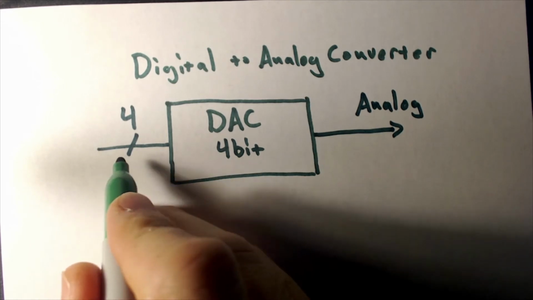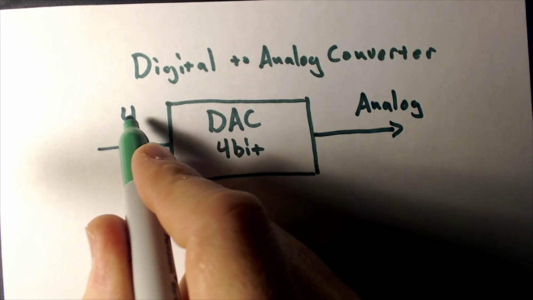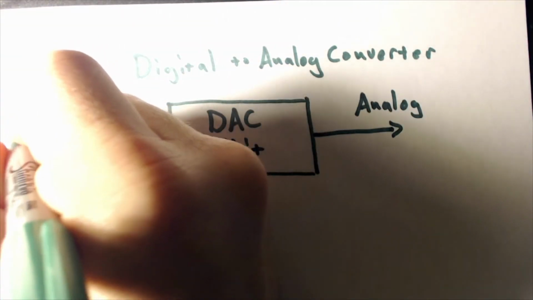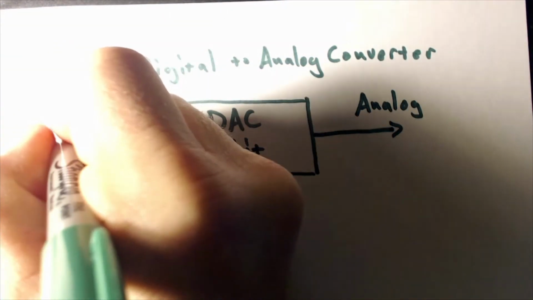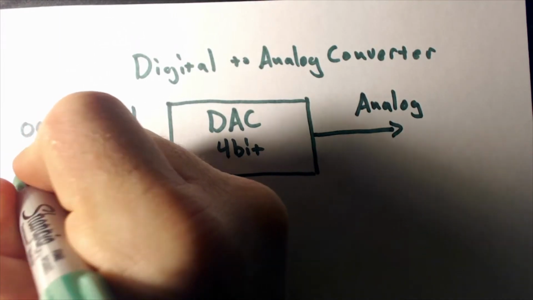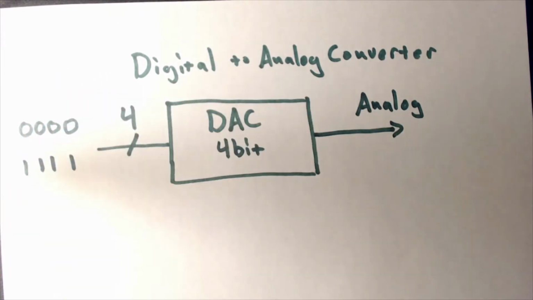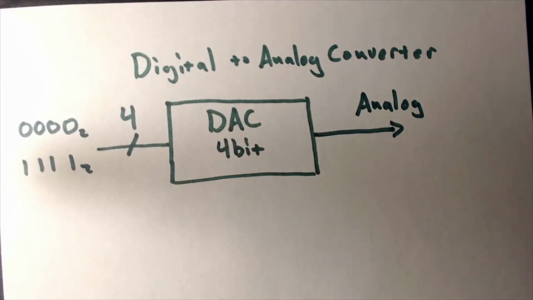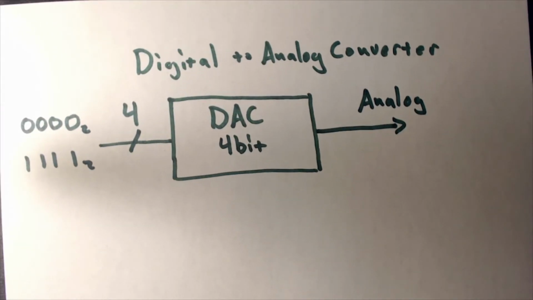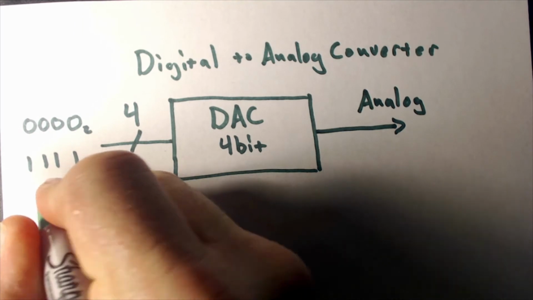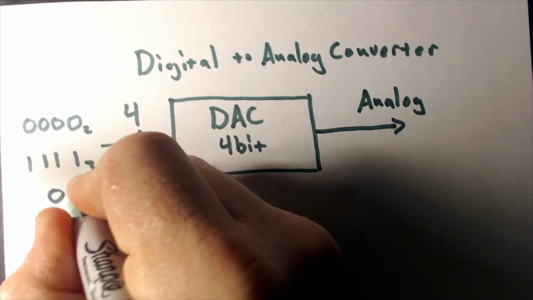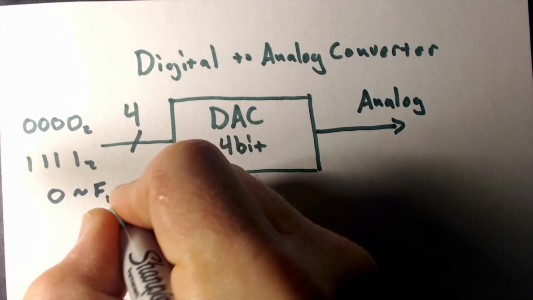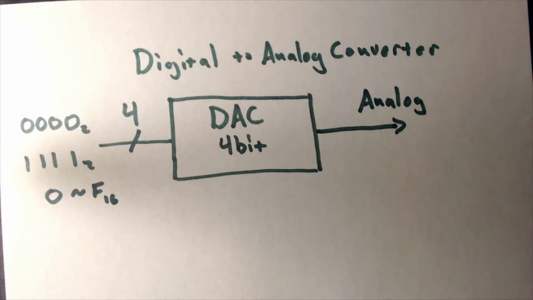So I'll denote that with a bus wire of 4 bits. So we can have values in binary going from 0, 0, 0, 0 all the way up to 1, 1, 1, 1. This is base 2. Or in other words, we can go from 0 to F, base 16.